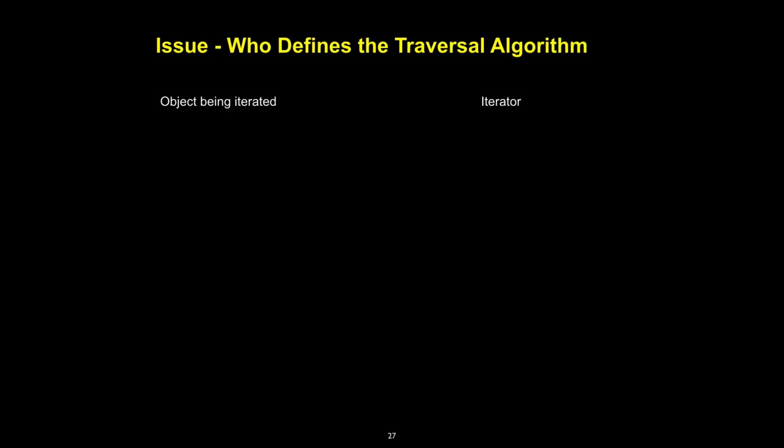Or you can have the iterator actually do the traversal, right? How do I go from one place to the next place? If you've got a linked list or an array, it's pretty simple, right? Because you just start from here and you go that way. But once you start getting more complicated structures, how you traverse it becomes more challenging.